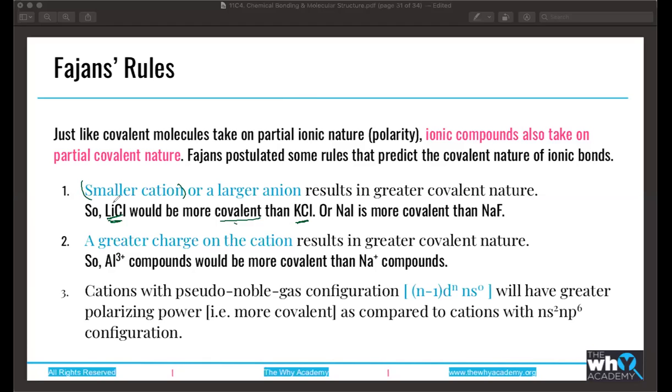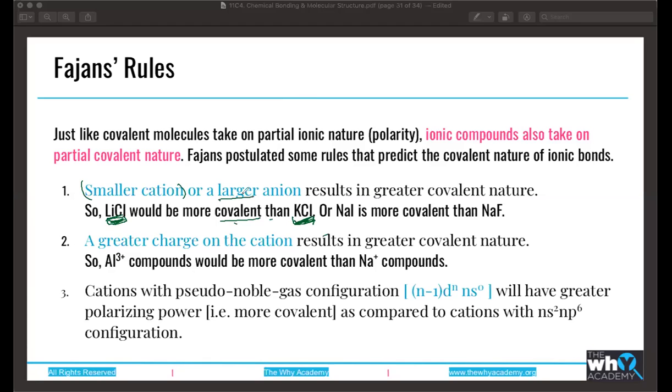So when you're comparing LiCl and KCl, KCl being more ionic will be more soluble compared to LiCl. Knowing which has greater or lesser covalent nature will help you in predicting these kinds of properties.